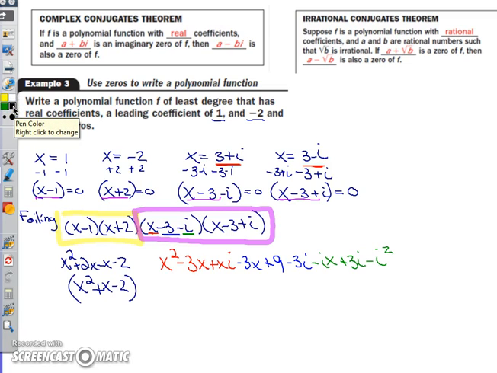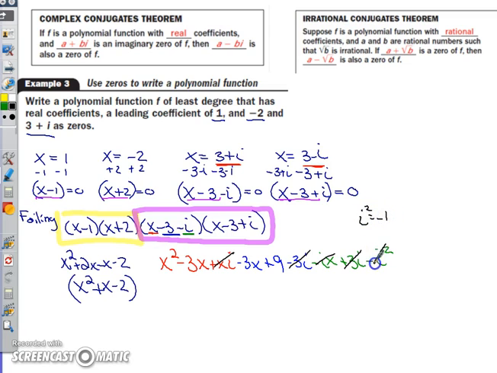Let's simplify. All right. Positive xi and a negative ix are the same thing with opposite signs, and they cancel out. Negative 3i and a positive 3i have opposite signs. They're the same term, and they cancel each other out. So now all the i's are gone except for this i squared. Well, if you remember, i squared is negative 1.